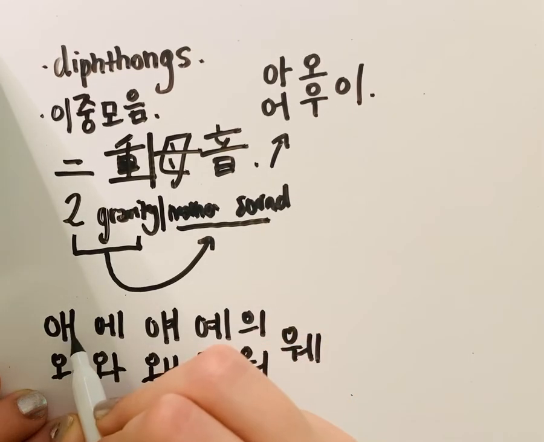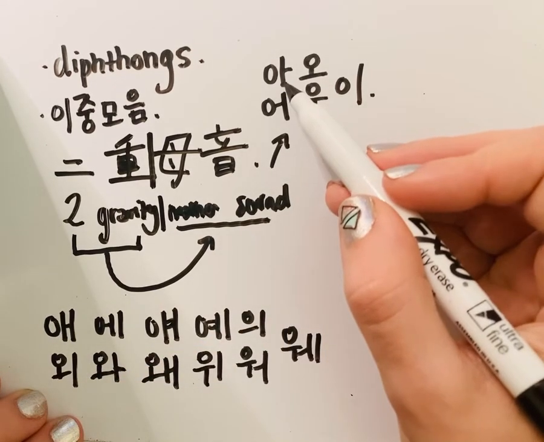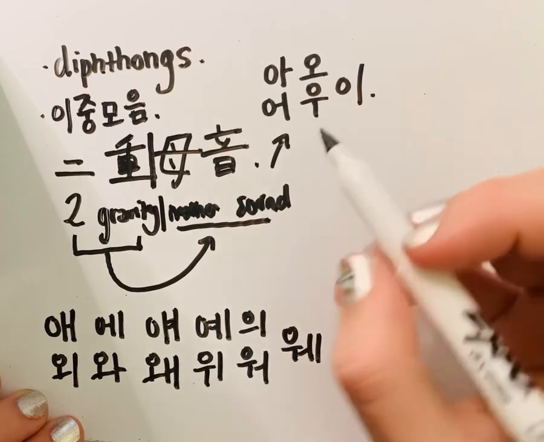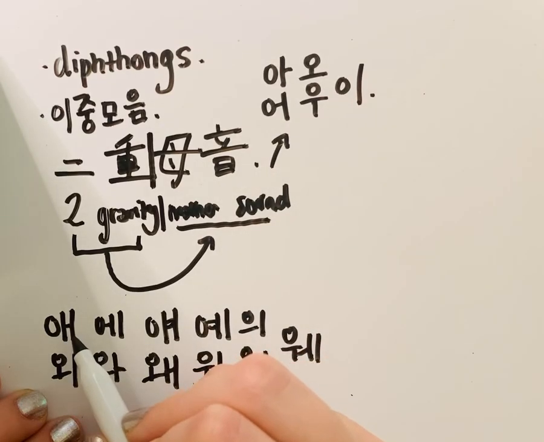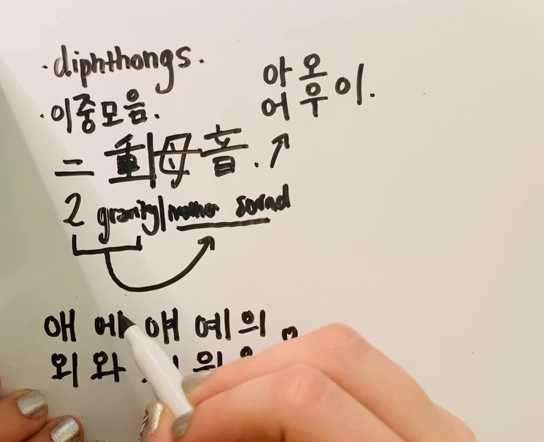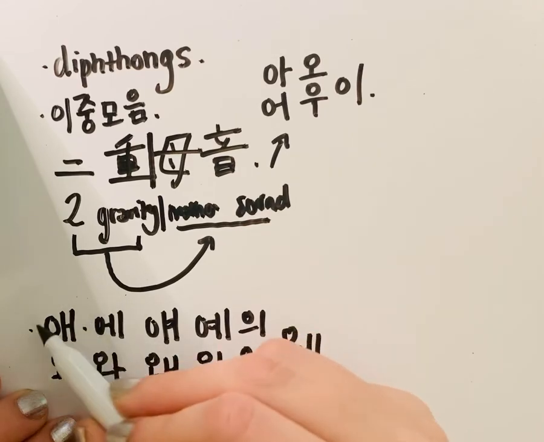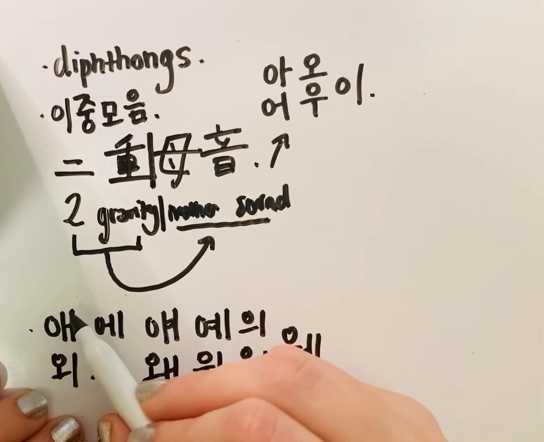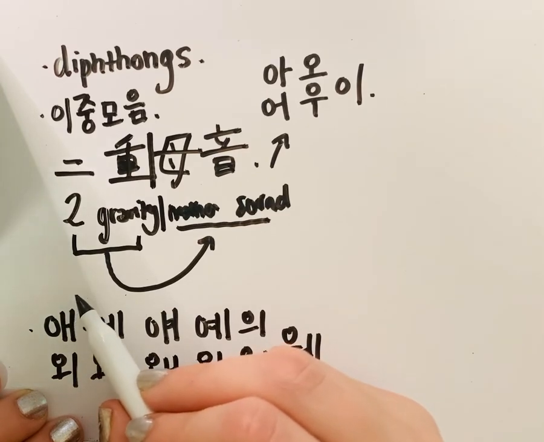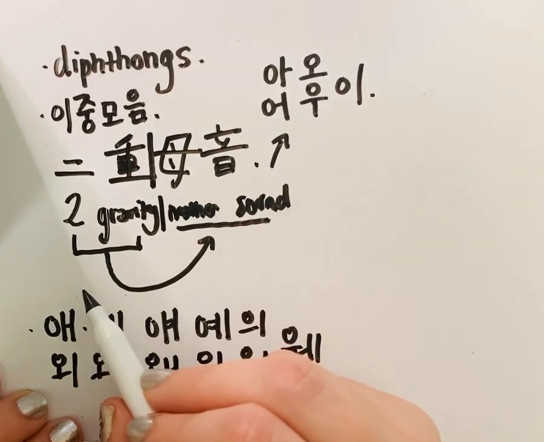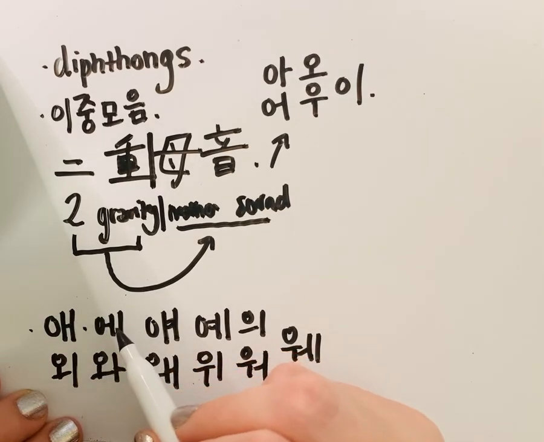For 애, we start with a, we add an e, and we just get 애. O plus e is 에. These really do sound the same. I think I've watched videos where people have stated that the older generations can tell a difference between these, but in all of the classes I've taken, and I think with younger generations, there's really not much of a perceivable difference.